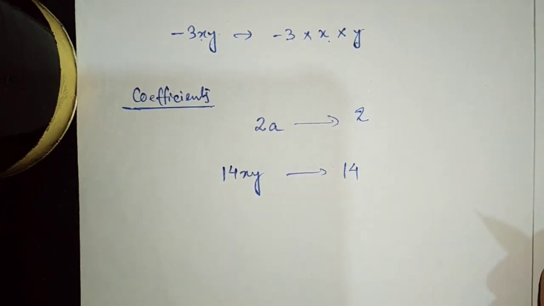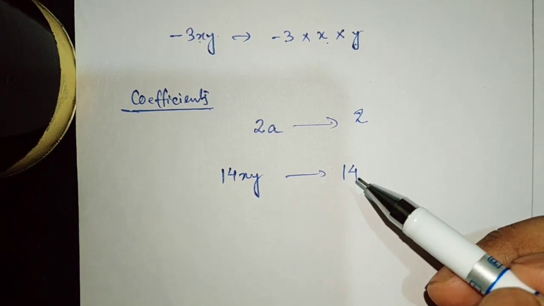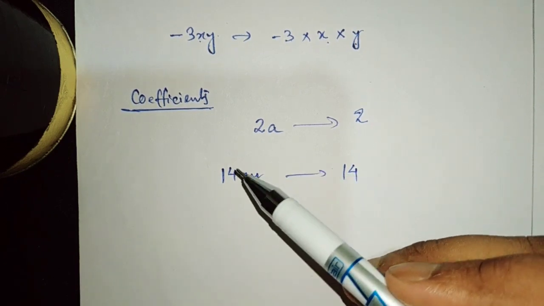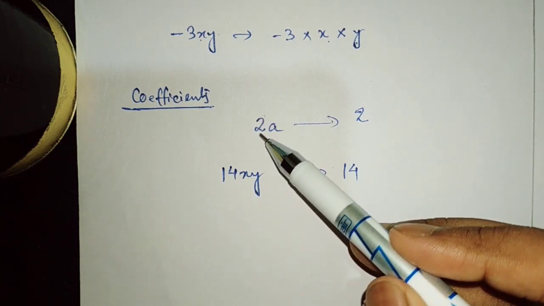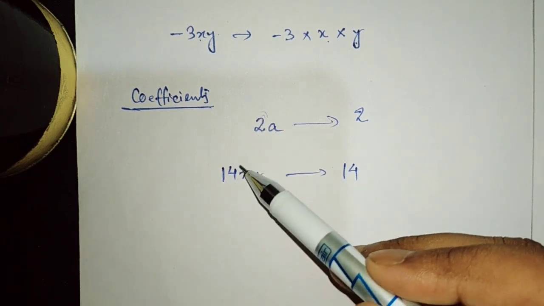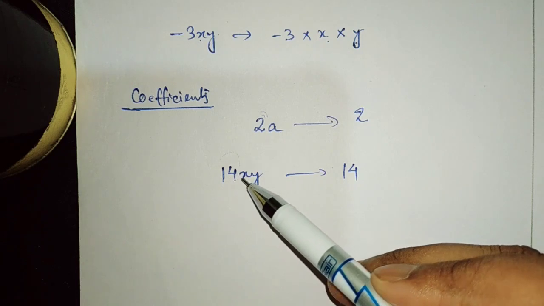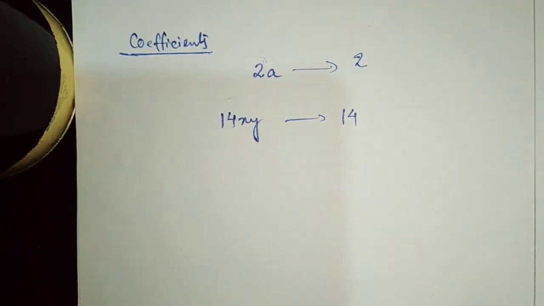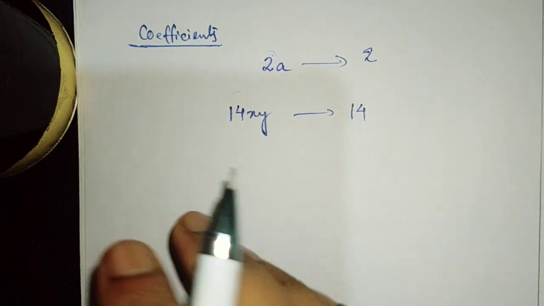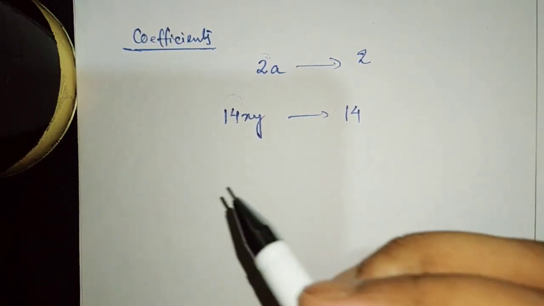Obviously 14. Okay, this is in general. In general, if we talk about coefficients, we just take the constant number which is multiplied with the variable. But sometimes coefficients may take some other definition also.